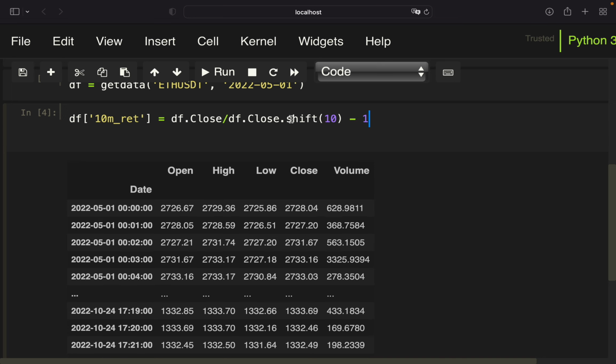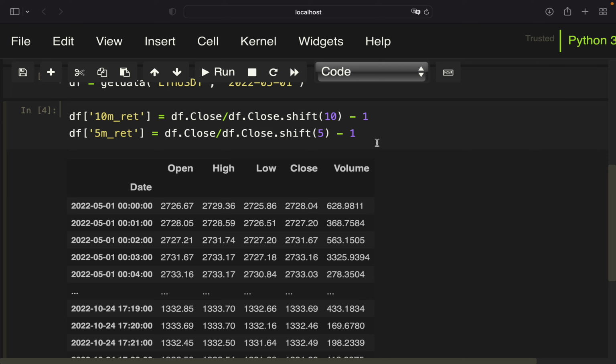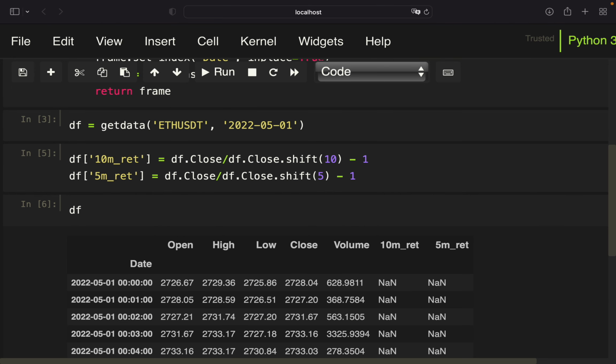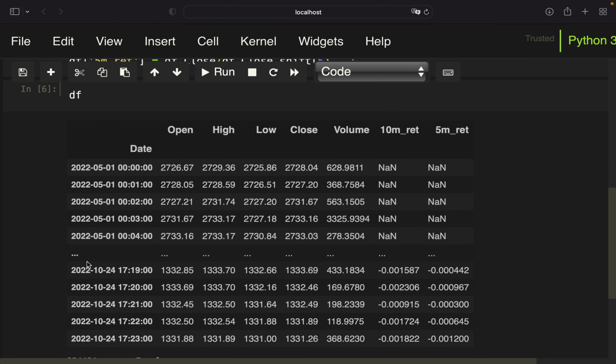Same for the 5-minute return. So adding a column here, 5-minute return. Change the shift to 5 and the rest stays the same. And with that, I have two new columns here. Alright, so as you see, the first rows contain NaN values because there are no previous rows here.